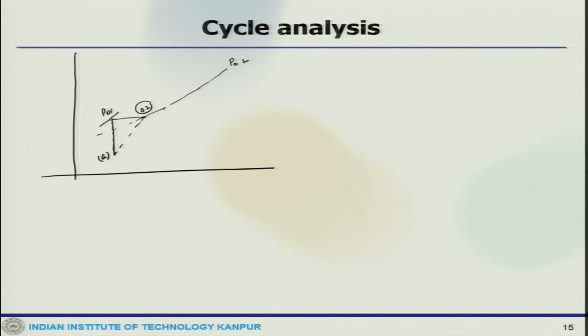The actual one comes here, and then you go to 04. So, the actual is the dotted one.